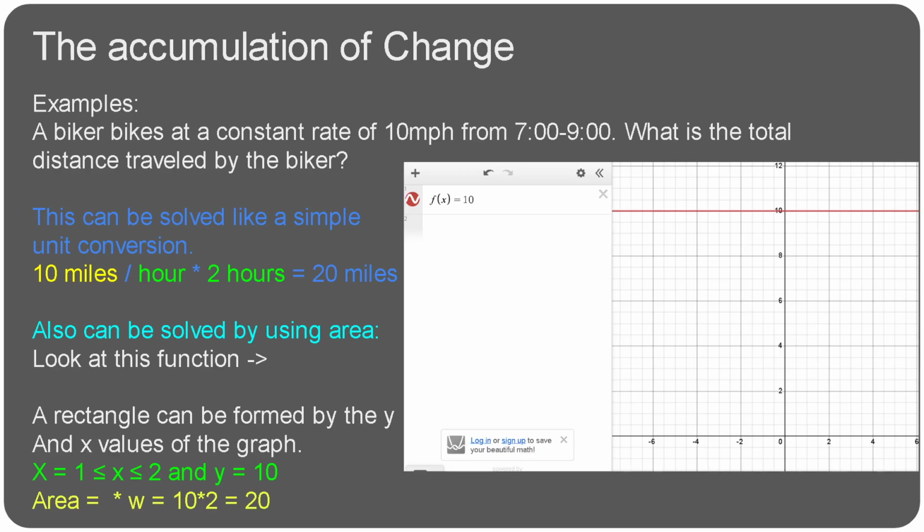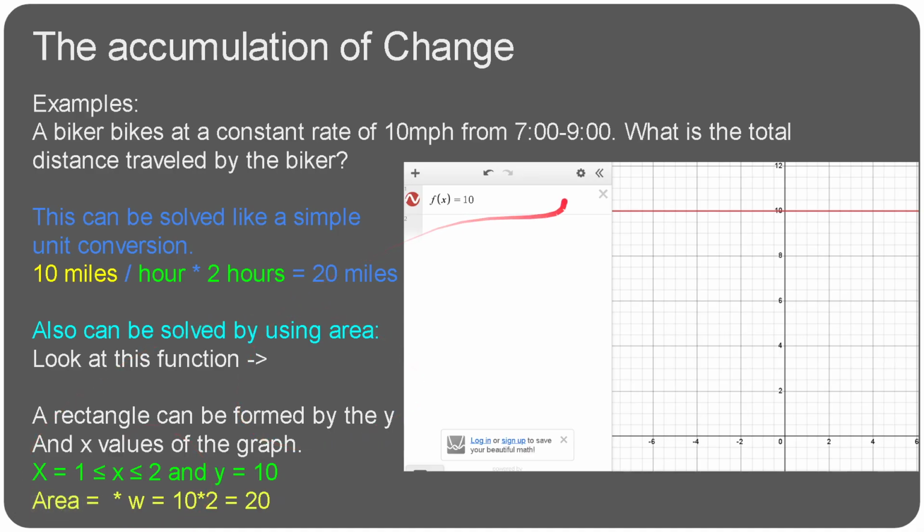But you can also think about it like an area underneath a curve. For instance, this is the rate of 10 miles per hour plugged into Desmos. As you can see, it's just a line. And if you were to think about it like area underneath this curve, if you calculated this rectangle right here that you can see me circling with my little laser pointer, the x width is 2, and the y height is 10, and 10 times 2 is also 20.